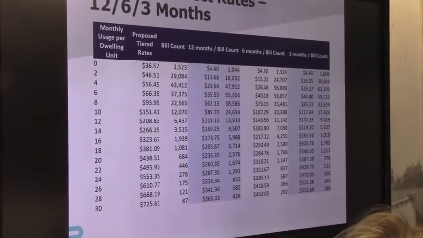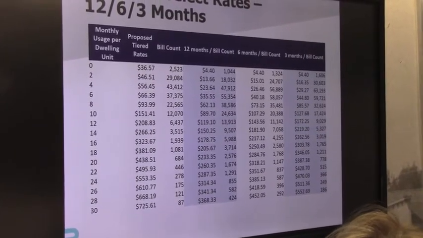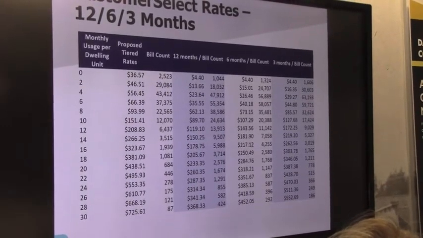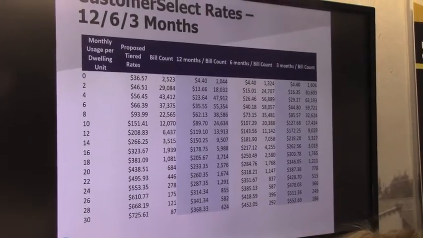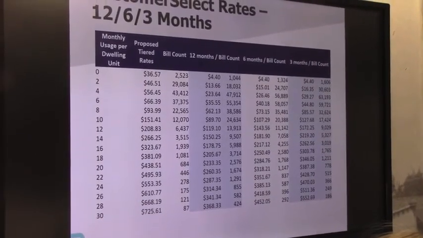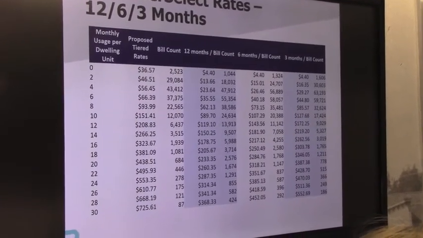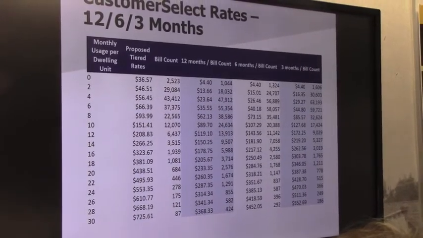We have a lot of very low users. Well, fine, you can do that, but what did you do with them in the tiered rates? You have a very high meter charge in the new plan that you're talking about. So they're gonna get hit one way or another with something that doesn't look like it's fair.